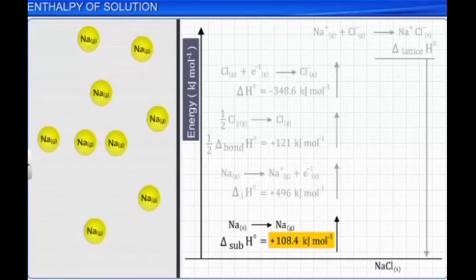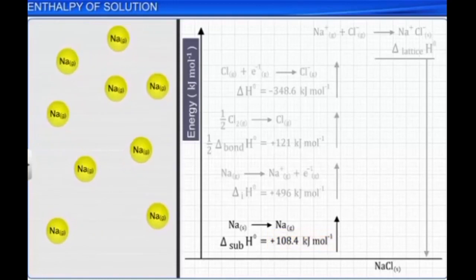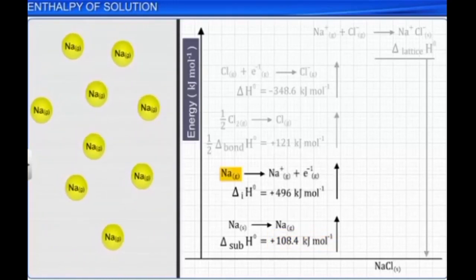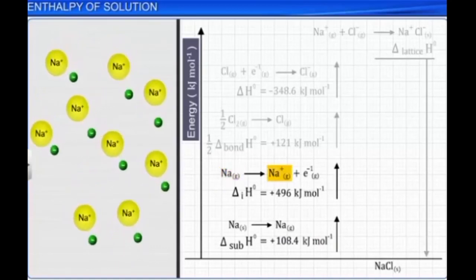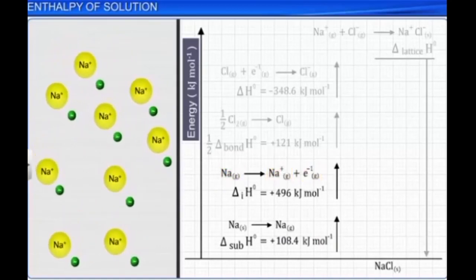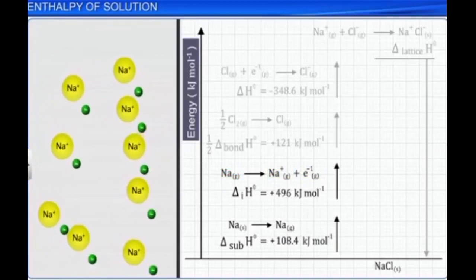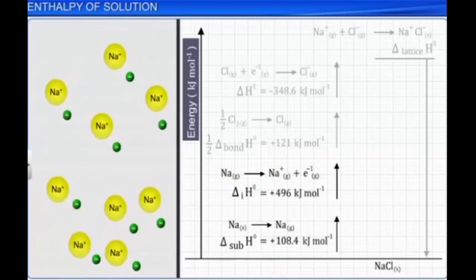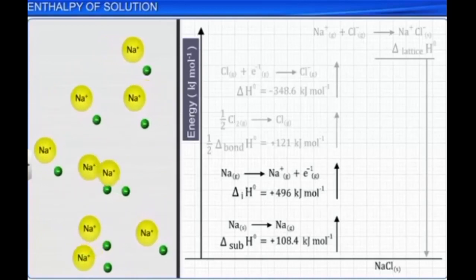In the next step, gaseous sodium atoms are ionized to form Na+ ions. The enthalpy change involved in this step is called ionization enthalpy, and its value is plus 496 kilojoules per mole.